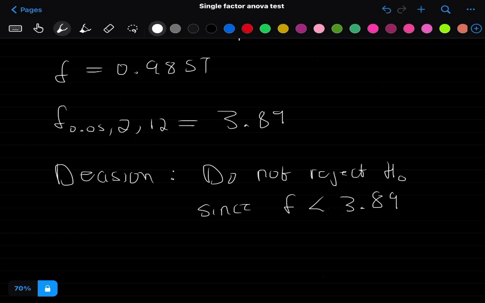We would reject it if our F was greater than 3.89.